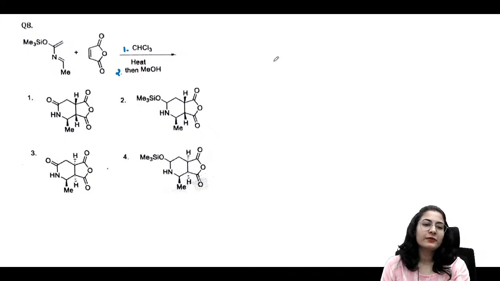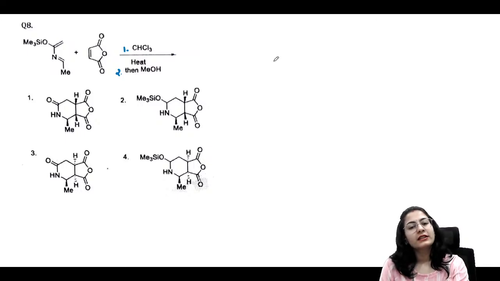What can we think of? Yes, everyone, stereo is very important, but here in the question, mostly the regio and the stereo is fixed.